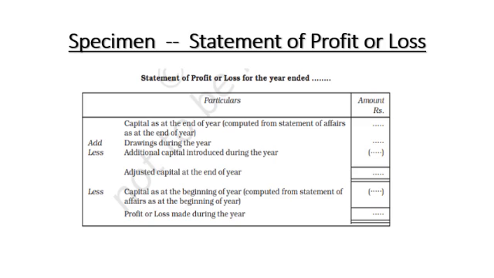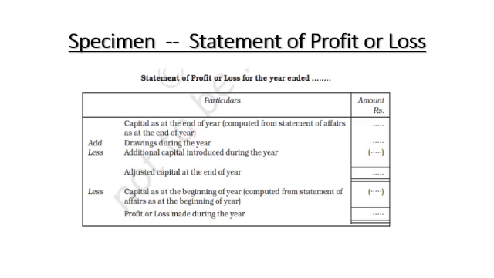First, you have to take the closing capital of the one accounting period, then plus drawings of the accounting period, then less additional capital introduced by the owner, then less opening capital of the business from the balance sheet or the statement of affairs, and then the result will be derived: profit or loss.